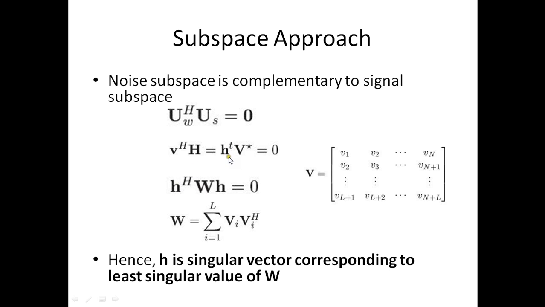Because H transpose V conjugate is 0, we can form a sum of these elements for every V and obtain a W matrix written as follows.